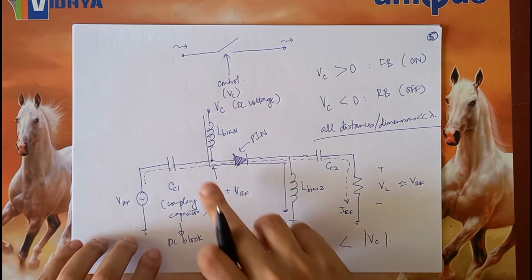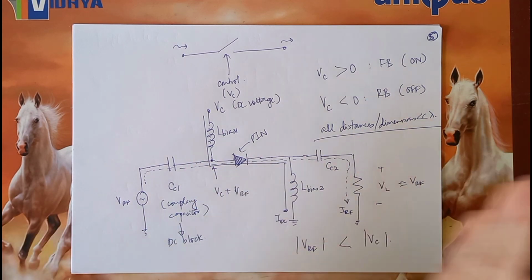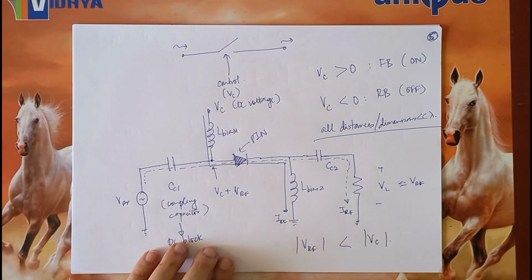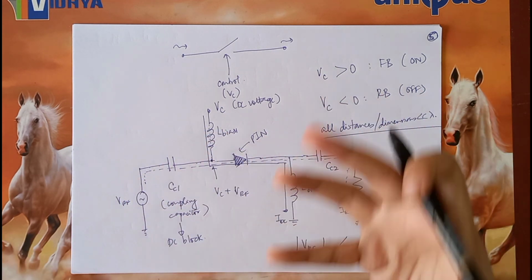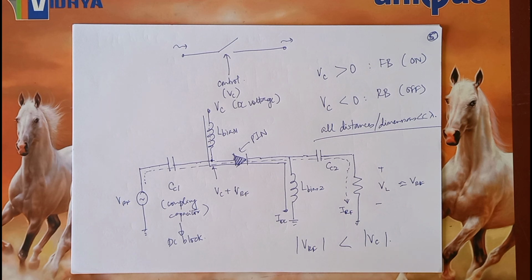So in reality, you will have to place the elements very close to each other, and thereby make a very compact circuit which is much smaller as compared to the wavelength of the signal that is being generated by the RF source.